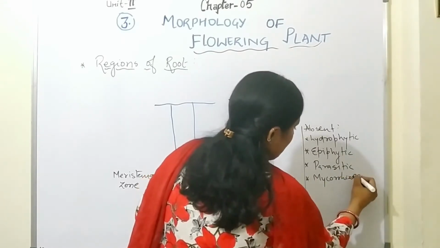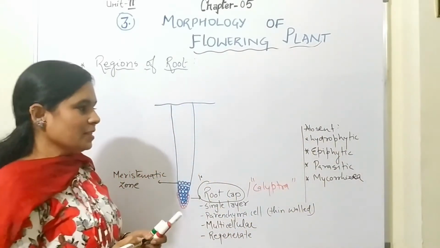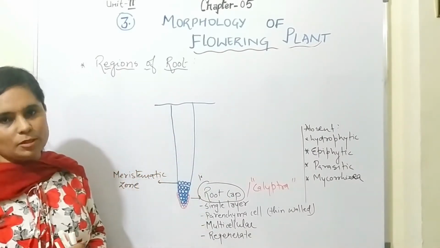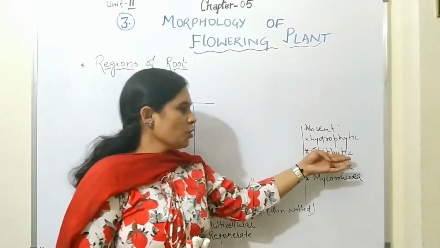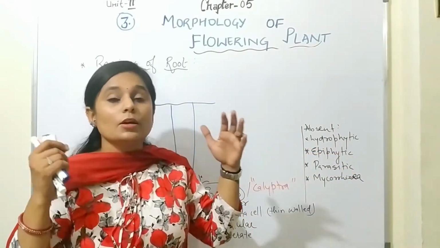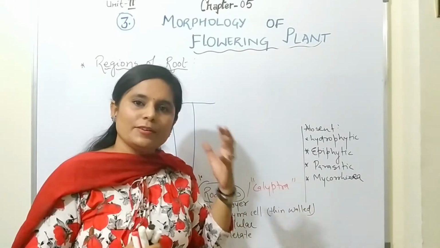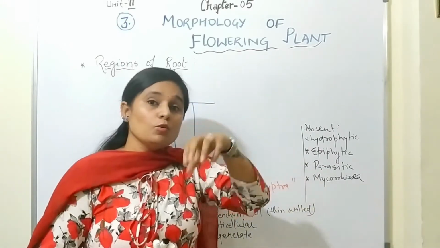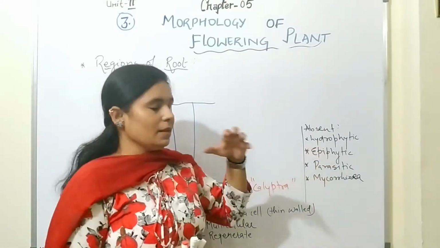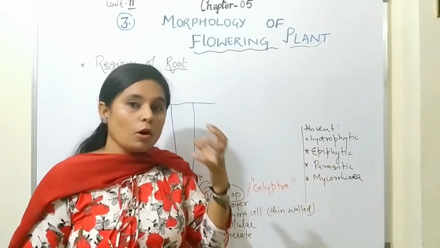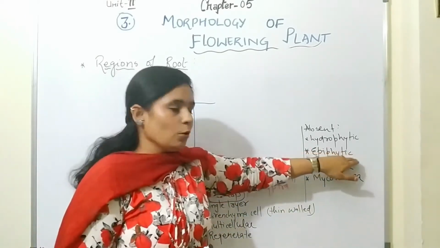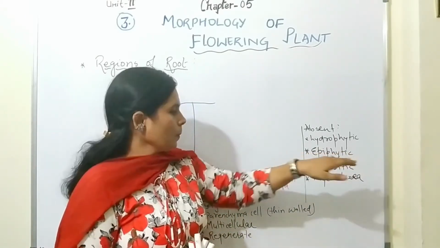Fine, mycorrhiza. So, in these four categories, you will see no root cap is present. As in the case of epiphytic plants, you know the epiphytic plant grows on huge, tall trees. So, their roots are hanging in the atmosphere. So, obviously, they will absorb water and moisture from the atmosphere. So, root cap will be absent in this case.